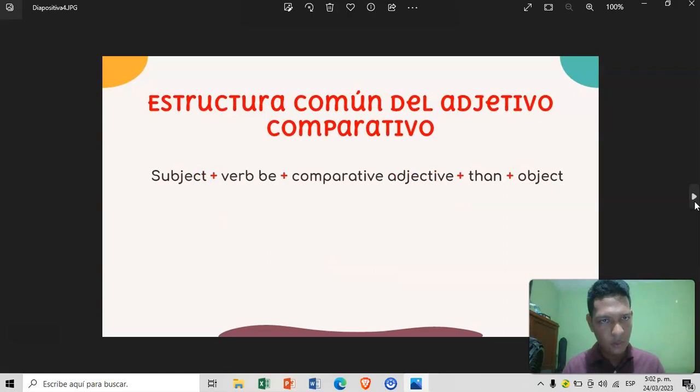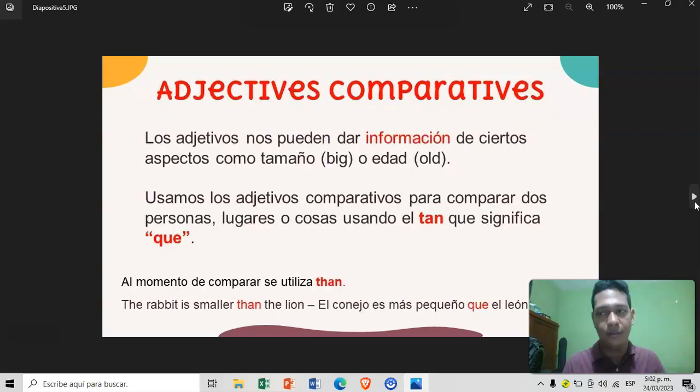So the structure of the comparative using an adjective is: subject, verb to be, comparative adjective, than, and it is important, the object that we are going to compare. Like we said before, we use the adjective to give information about someone.